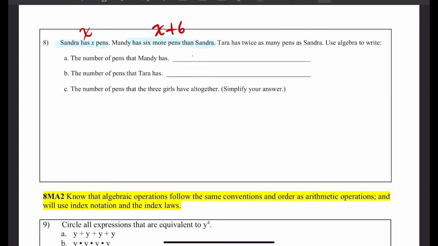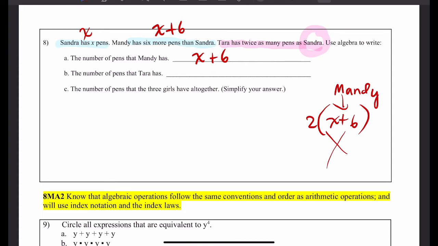So Mandy is x plus 6. Tara has twice as many pens as Sandra, not Mandy. Okay? Some of you said that Tara has 2 times x plus 6. That's wrong because x plus 6 is Mandy.